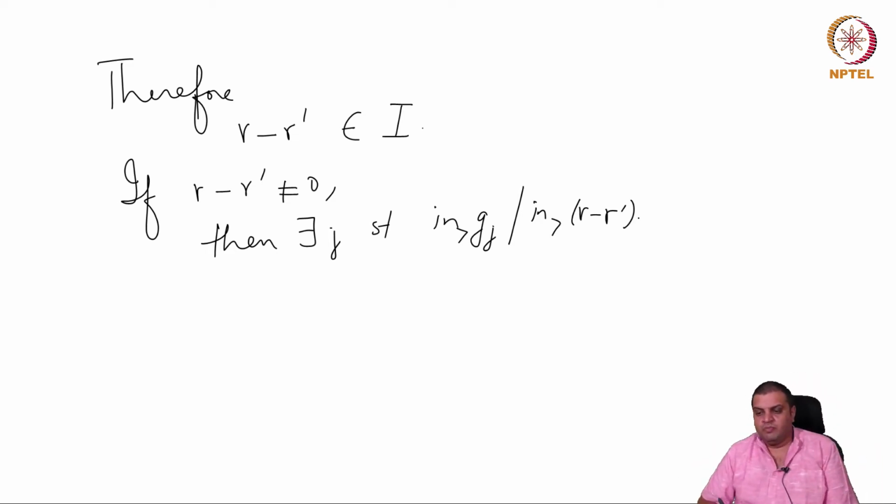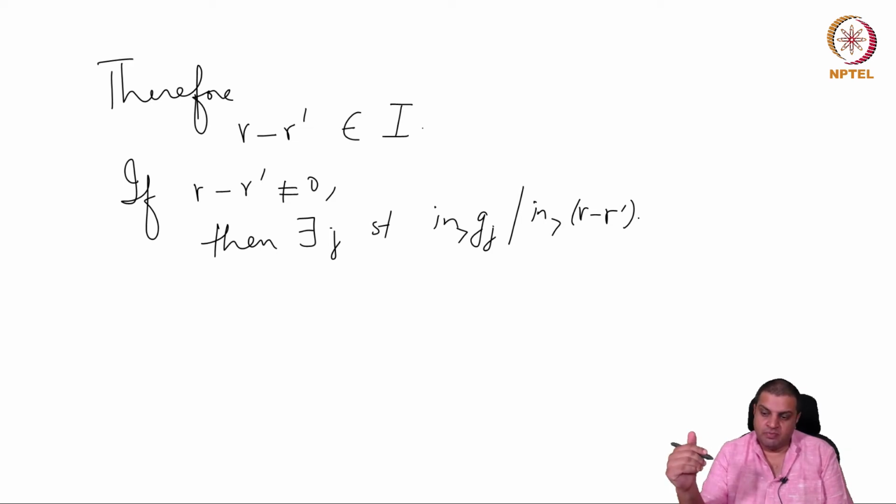Now, what is the initial term of R minus R prime? Well, we write R as a polynomial with monomials and coefficients, and we subtract the similar expression for R prime. The initial term must have appeared either in R or in R prime. If you just take a difference of two polynomials, some monomial that didn't occur in R or in R prime would not suddenly show up in the difference.